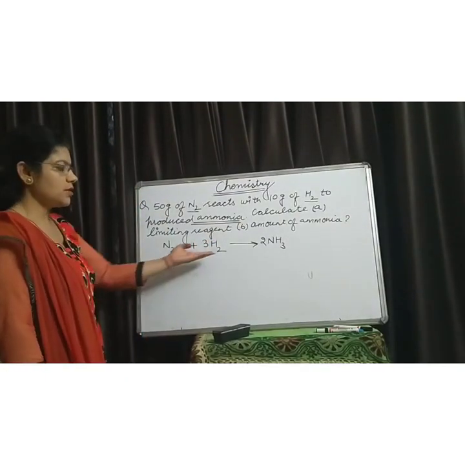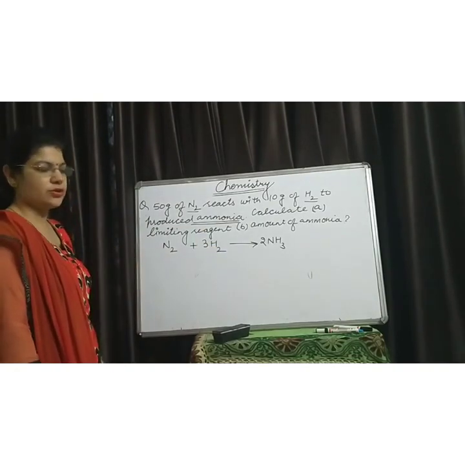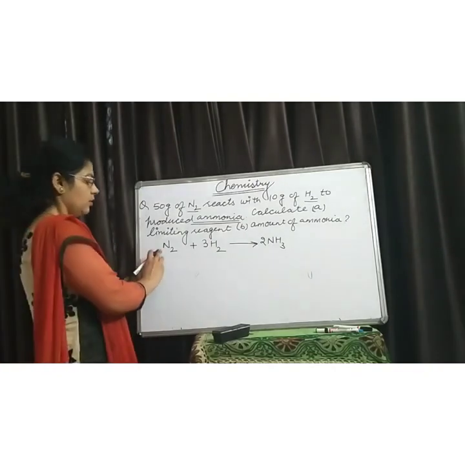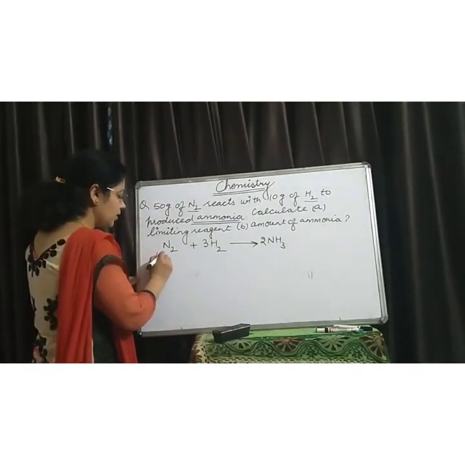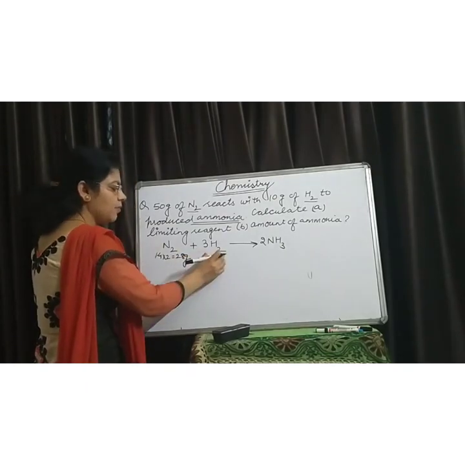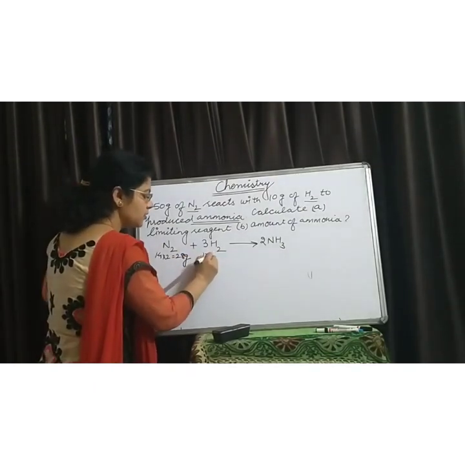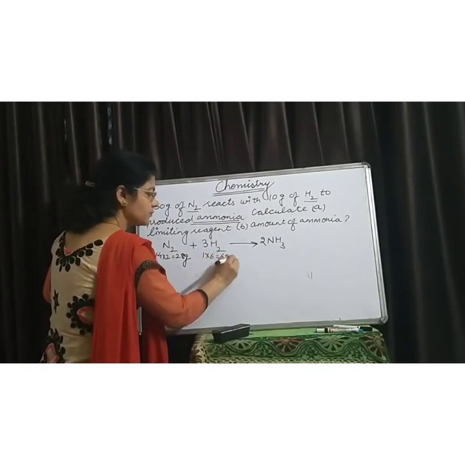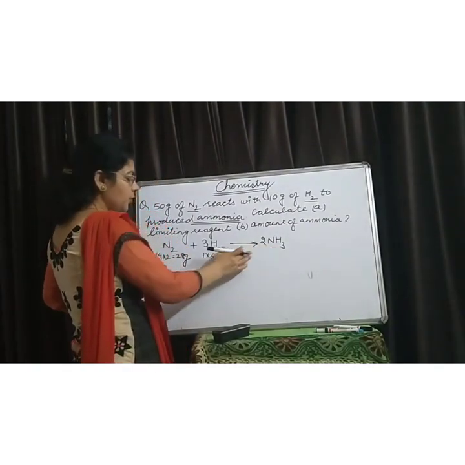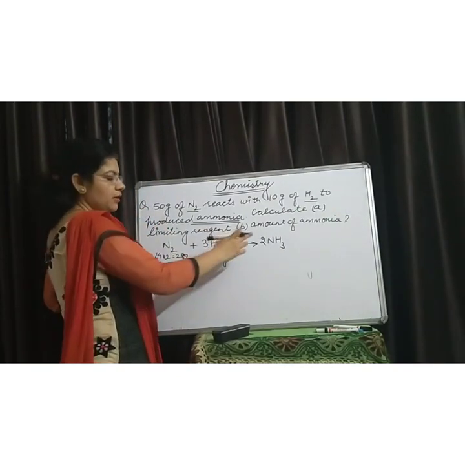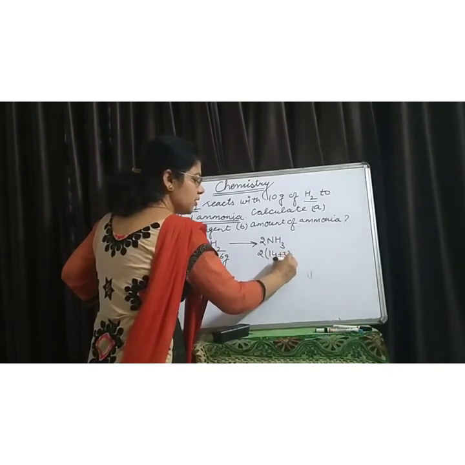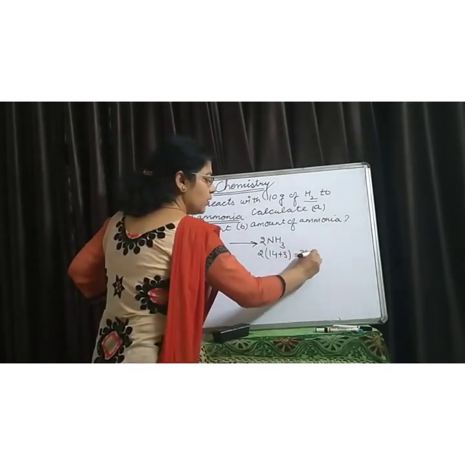Now this is a balanced chemical reaction, and in it the mass of nitrogen is 28 and the mass of hydrogen is 6 grams, and the amount of ammonia produced is 2 into 14 plus 3, that is 34 grams.